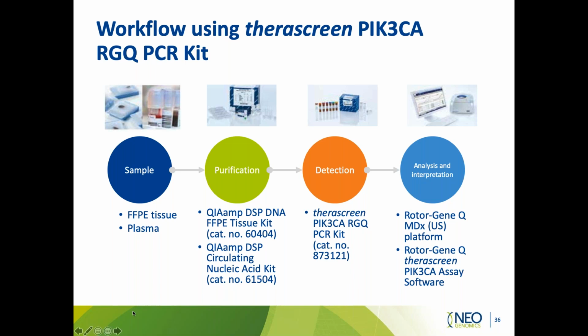Purification can be done either using the QIAGEN tissue kit or the QIAGEN circulating nucleic acid kit, depending on whether you use the paraffin or the blood. But the detection is the same on the RotorGene platform using the RotorGene TheraScreen PIK3CA assay software. And that's basically the process.